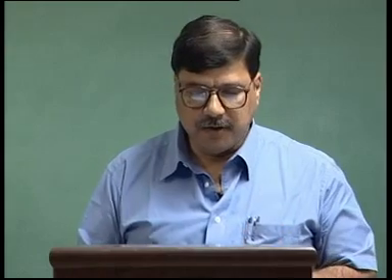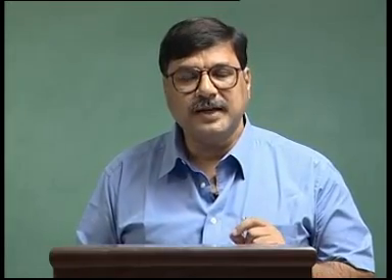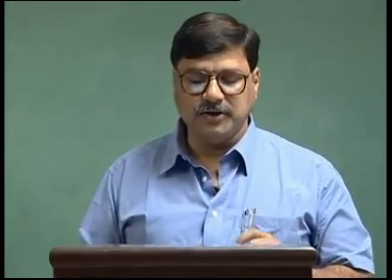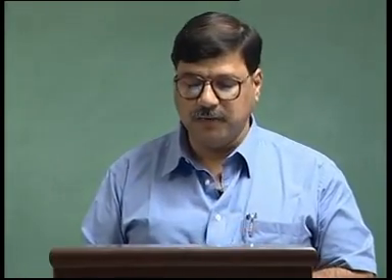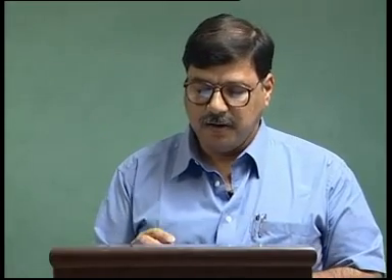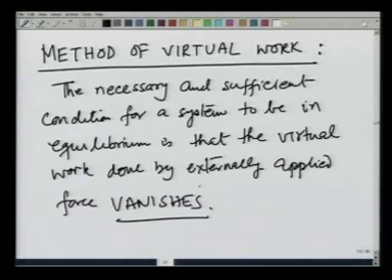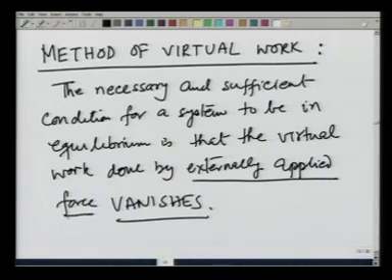Two comments are in order. One, we are talking about a system which has no friction. If friction is included, then the frictional constraint force also does some work, which we are excluding. Then, because of the vanishing of work by constraint forces, it is only the work done by externally applied forces, those which are not constraint forces, but the forces that we apply from outside to achieve equilibrium.